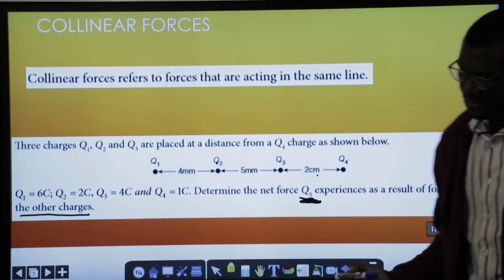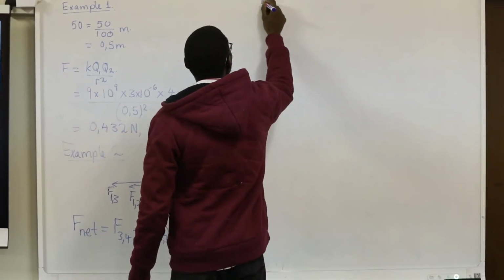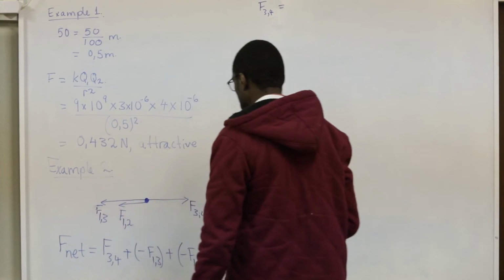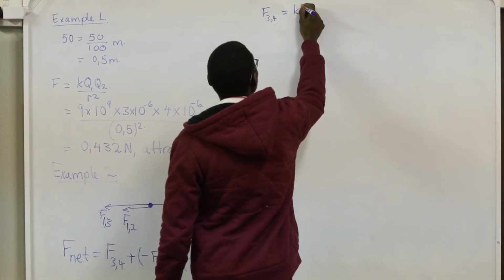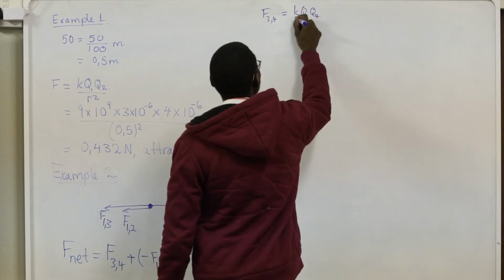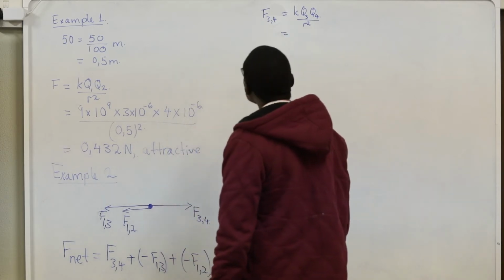All right, let's start with F3 on 4. We know that our formula says, okay, Q3 multiplied by Q4 over the distance squared will give us that value.